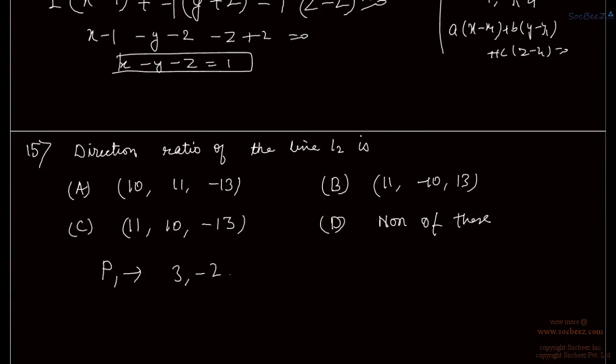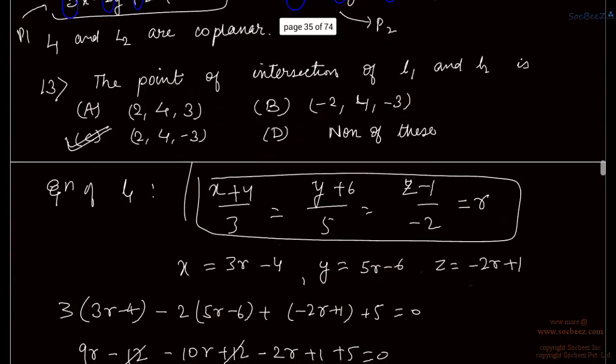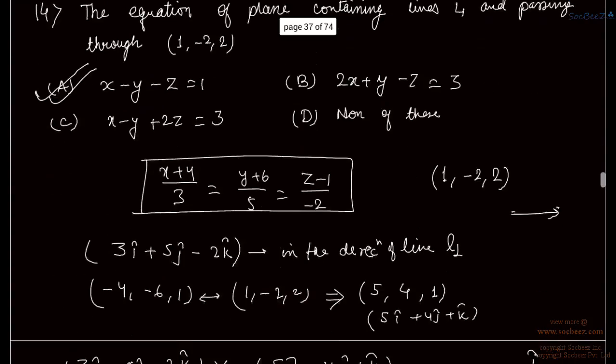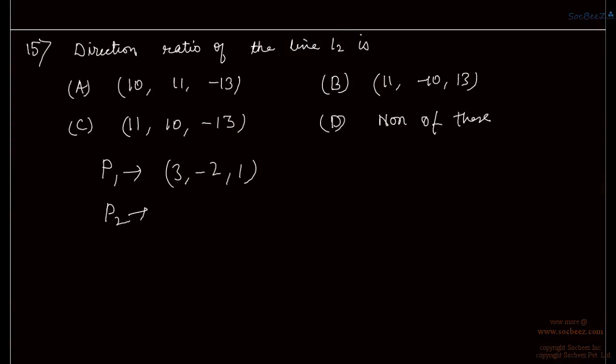For plane P1, the normal is 3, minus 2, 1, and for plane P2, it is 2, 3 and 4, okay?